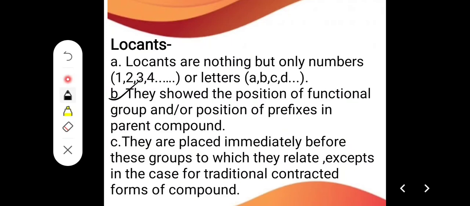They show the position of functional groups and the position of prefixes in the parent compound. They are placed immediately before the groups to which they relate, except in the case of traditional contracted forms of compounds. We first consider the numbering, and then arrange the whole IUPAC name. But common names, such as vinegar, marsh gas, oil of vitriol, and others, do not take locants. In IUPAC nomenclature, we first derive the locants.